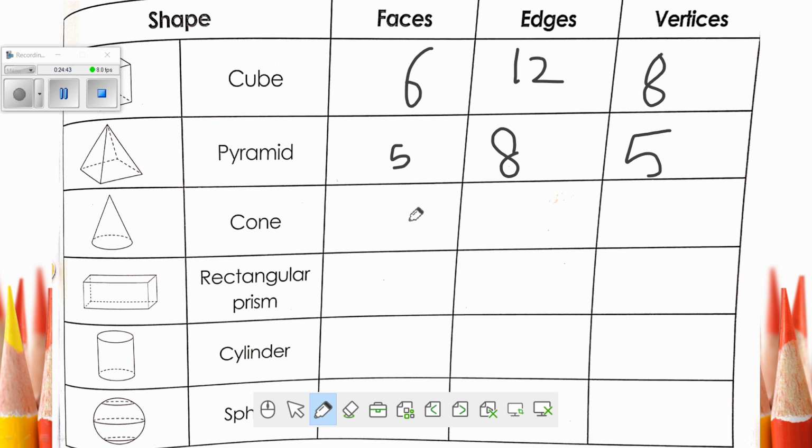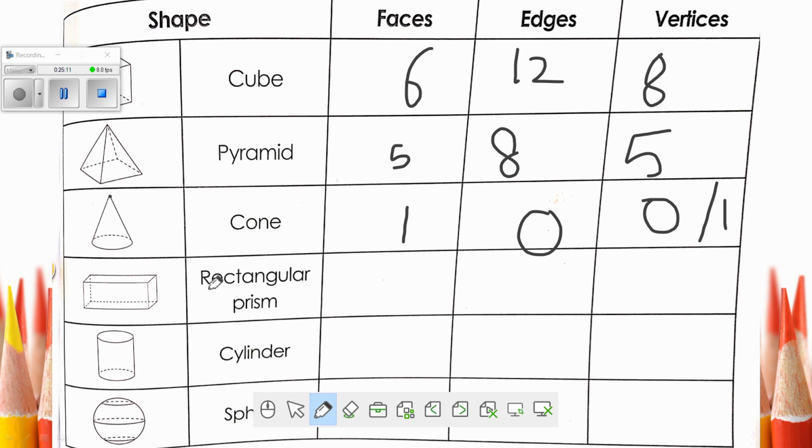Cone, we have 1 face, 0 edges. I said 0 like our book, or 1 as you like. This is a point, okay? But if you write 1, it's correct.